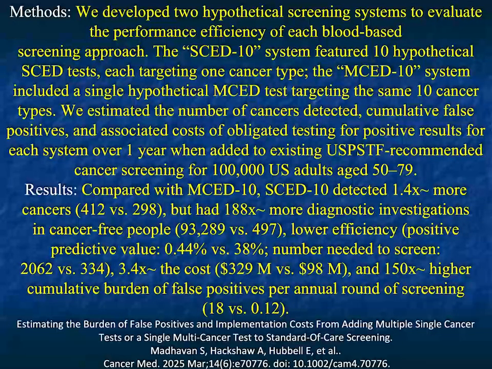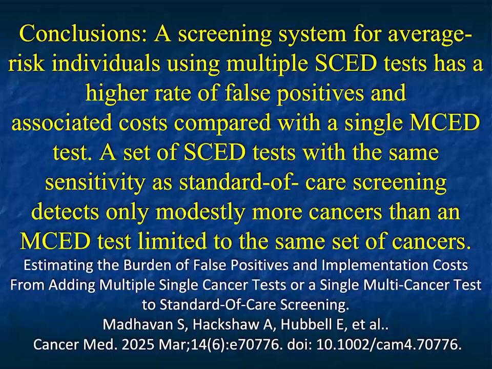And they did a study saying, well, what if you had a single test versus a test which would look for 10 cancers, that it was more cost effective, it was more efficient, and was going to get better response from the patients. A screening system for average risk individuals using multiple single cancer tests has a higher rate of false positives and associated costs compared to a single multi-cancer test.